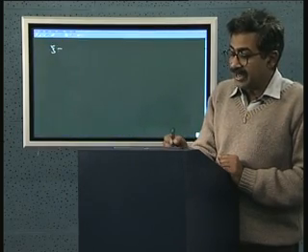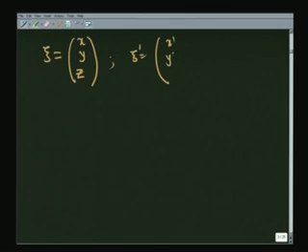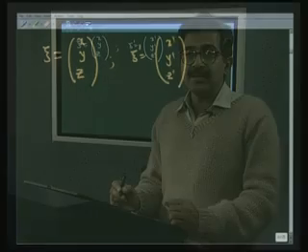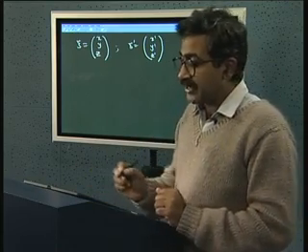Let me call it xi and say this is a column vector with rows given by x, y and z. If I were to rotate by an angle theta, and if the same vector were to be represented by coordinates x prime, y prime and z prime, obviously I would write xi prime is equal to x prime, y prime, z prime. Now the effect of rotation can be represented as a matrix operation on this column vector.